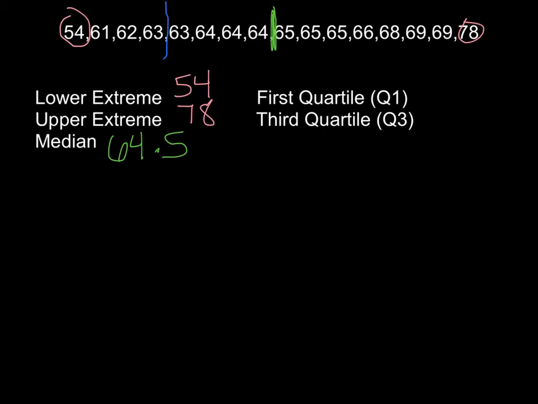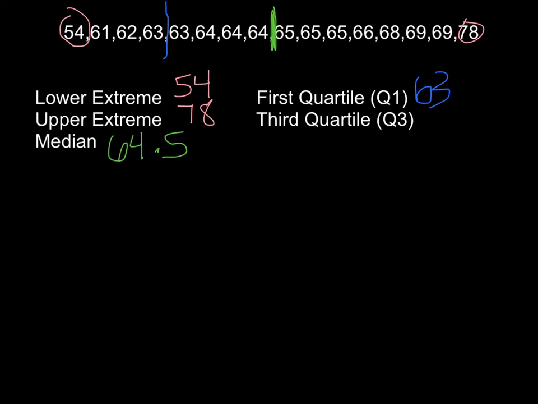And of course, we want to check to make sure we're at the exact middle. 1, 2, 3, 4. So 4 on one side, 4 on the other. Now this works out well for us. The median will be whatever number is between 63 and 63, which is going to be 63. There's our first quartile, 63.